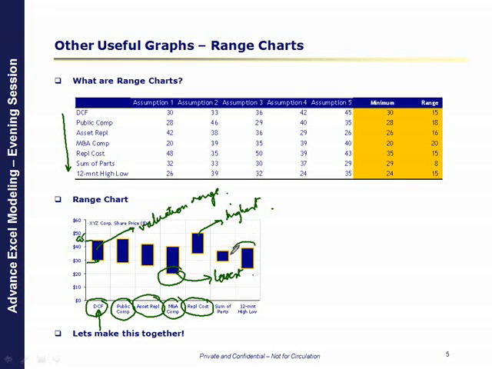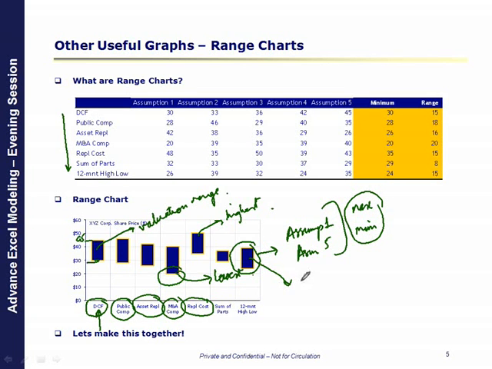What are the blue marked areas? These are the blue marked areas between assumption 1 and assumption 5. What is the maximum valuation and what is the minimum valuation, and the difference between the two. Basically, to cut the long story short, this is the range. And this range would mean, let's say we pick up this 12-month high and low.